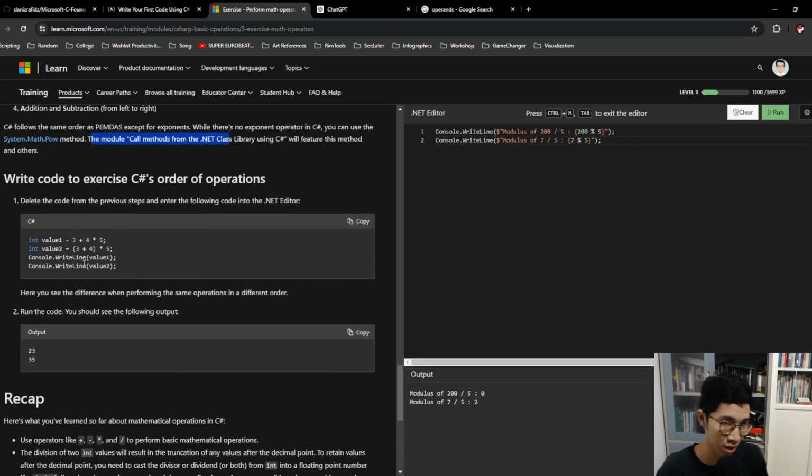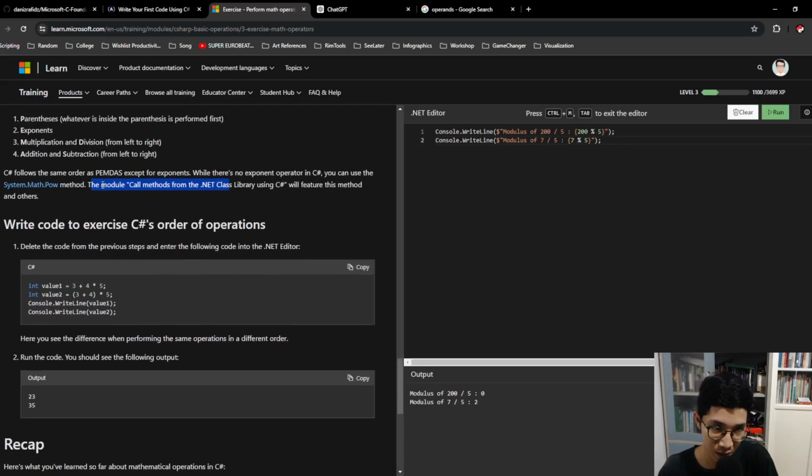I think I have to take a break after this, after the recap. Okay, we are near the break time. The module calls methods from the .NET class library using C#. Okay, so I have to call the methods from the .NET class library. So this is a class library of C#. Understandable. We will feature this method and others.